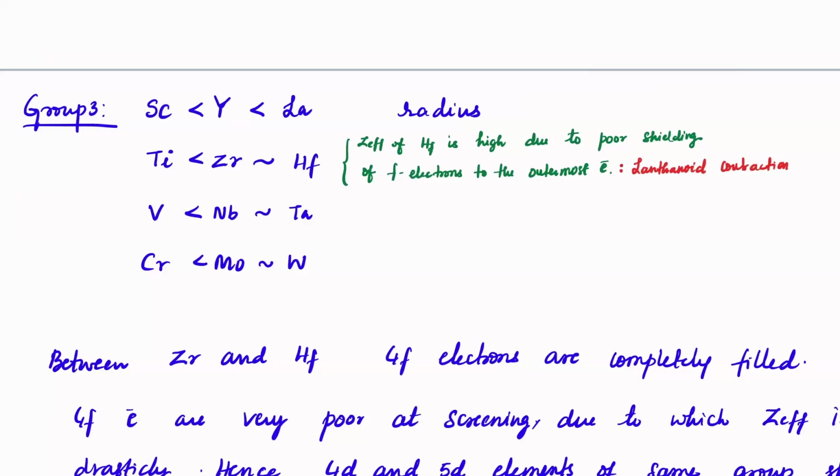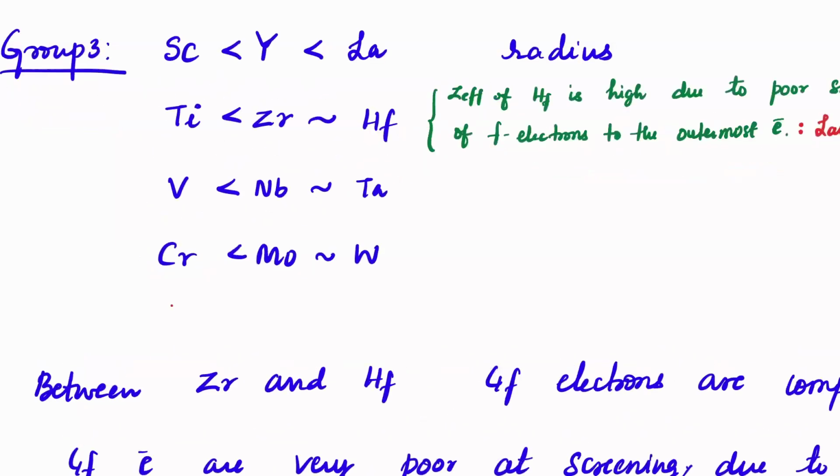And the same follows for the rest of the groups also. Vanadium is less than niobium, but niobium is the same as tantalum. Chromium is less than molybdenum, but molybdenum is almost the same as tungsten. And it follows group on group. So if we compare copper, silver, and gold, gold is almost the same as silver. Got it?